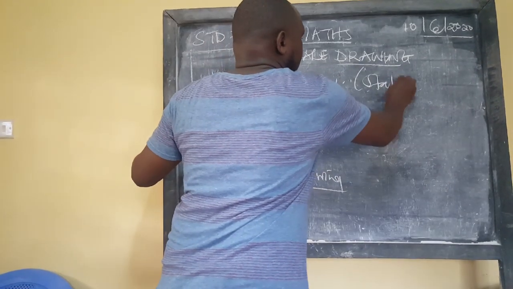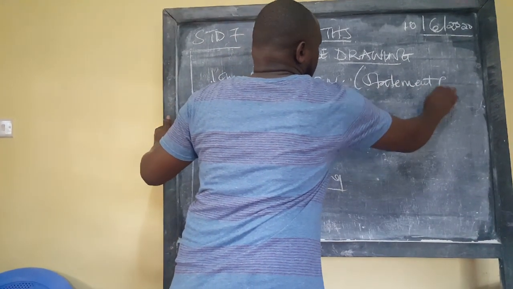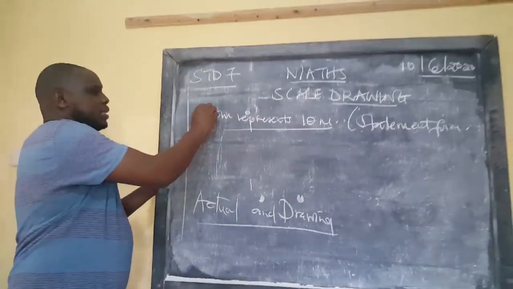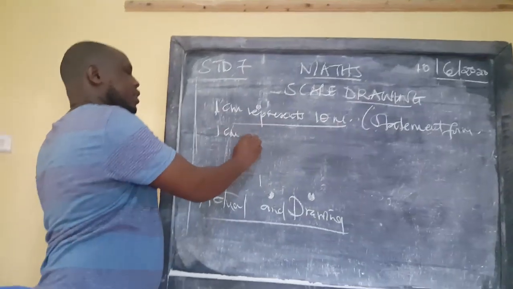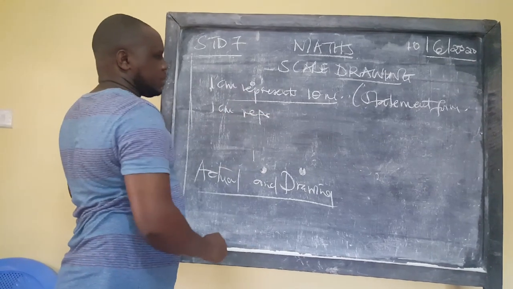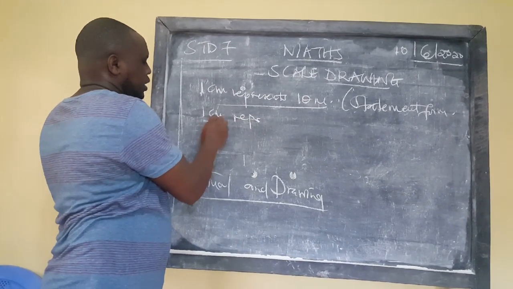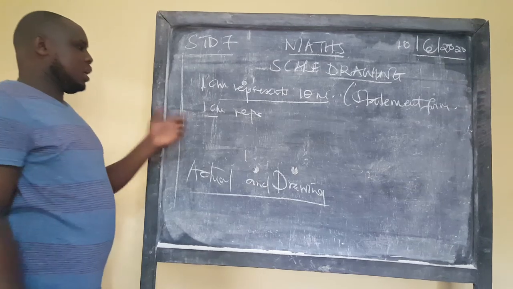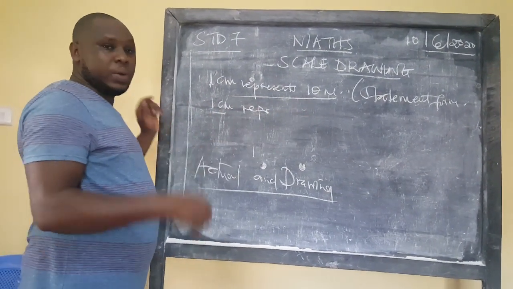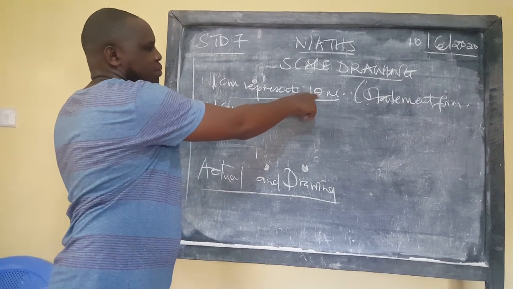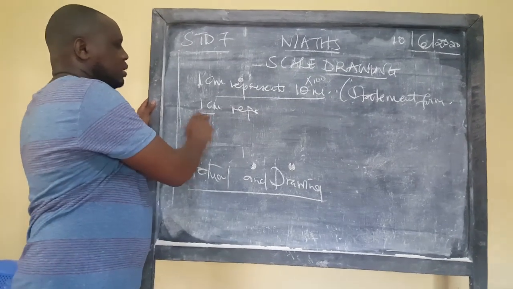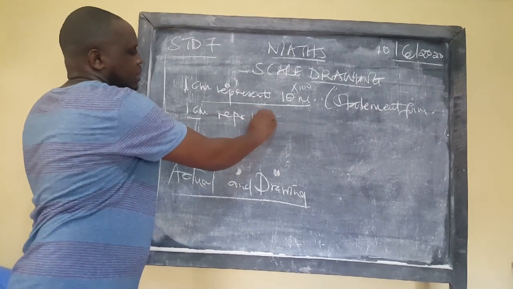It can also be written with "represents" as "reps". We change this to centimeters. When we have units on this side, we can change them. This 10 meters, we multiply by 100 to become centimeters. So 1 centimeter represents 1,000 centimeters.